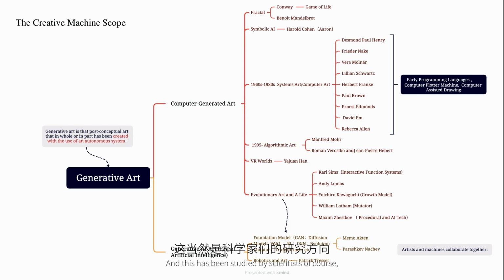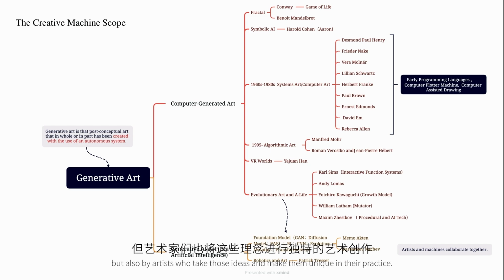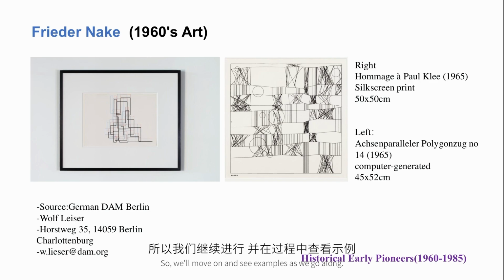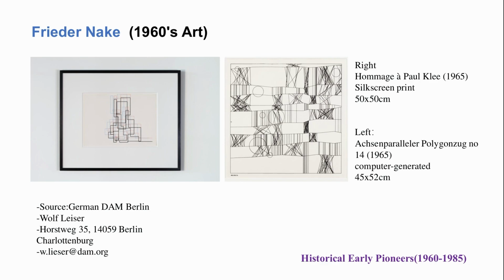And this has been studied by scientists, of course, but also by artists who take those ideas and make them unique in their practice. And we'll see some examples later on. At the very bottom, you see a few names here of current artists who are exploring especially the more recent types of artificial intelligence systems. So we'll move on and see examples as we go along.